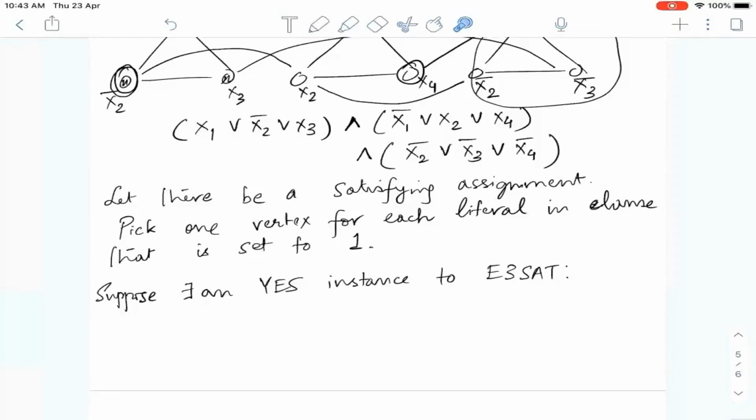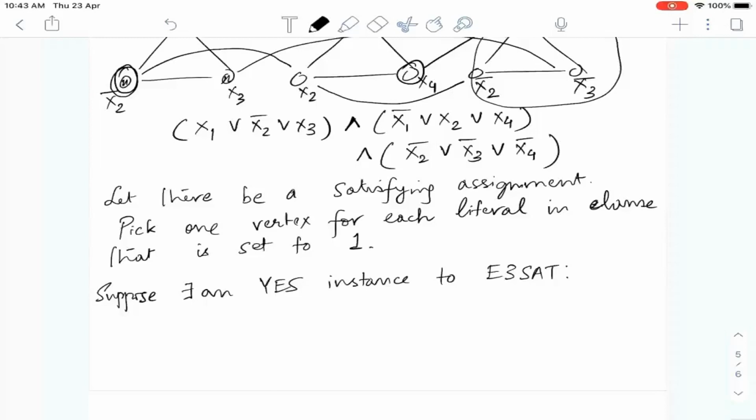Again, it seems like today is a bad day because I'm writing something, but it's not showing up. Let's see how much we can do. So the point is, suppose I'm given a yes instance for the E3 SAT problem.